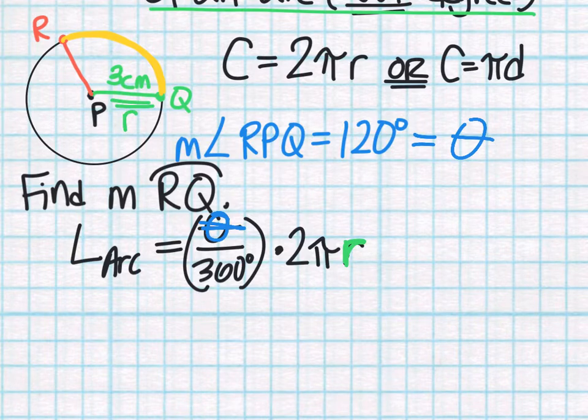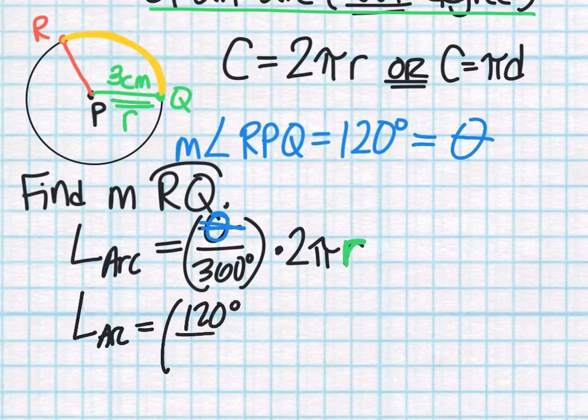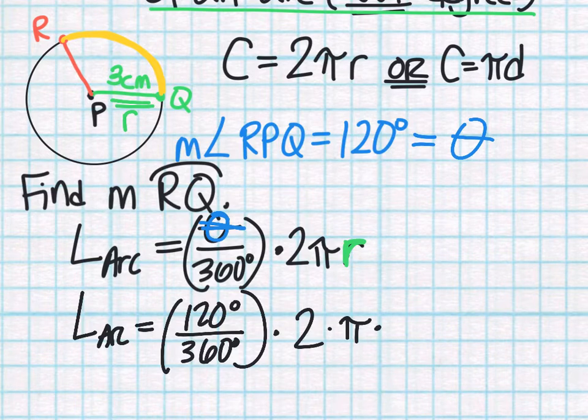So I'm going to plug this information in. The length of the arc is equal to 120 degrees divided by 360 degrees times 2 times pi times 3 centimeters.